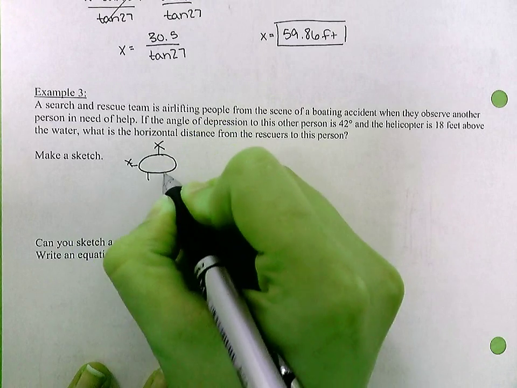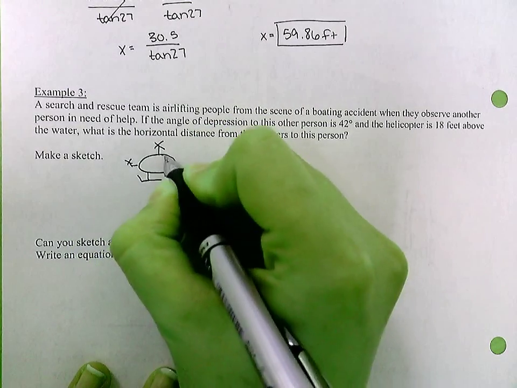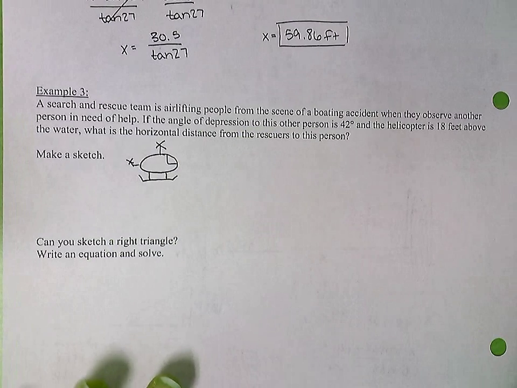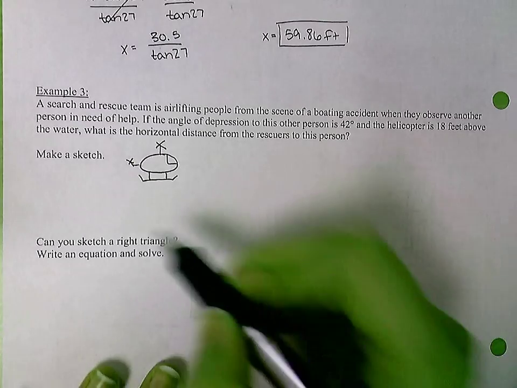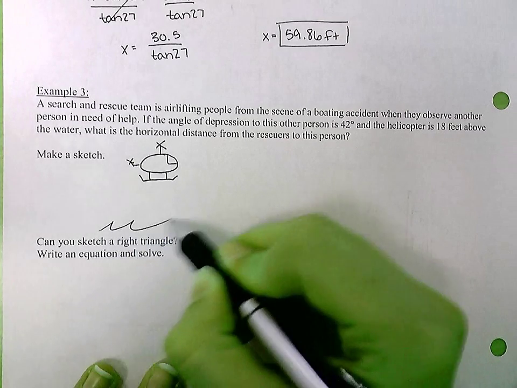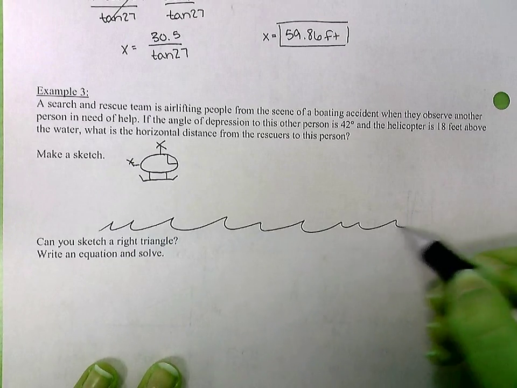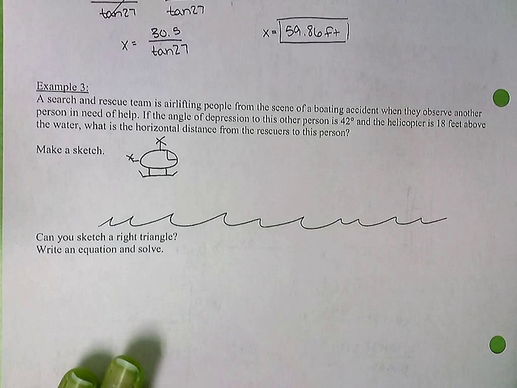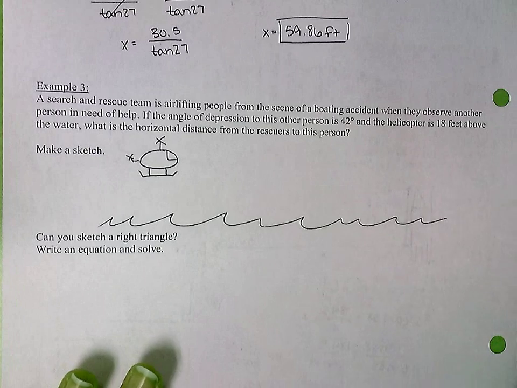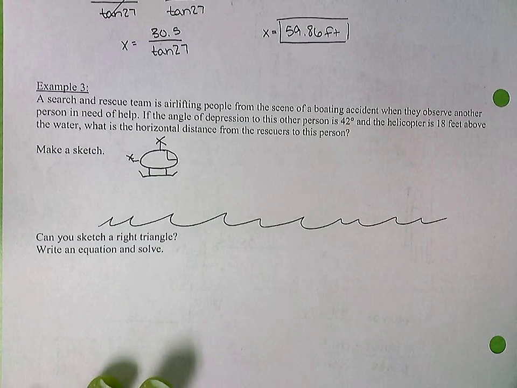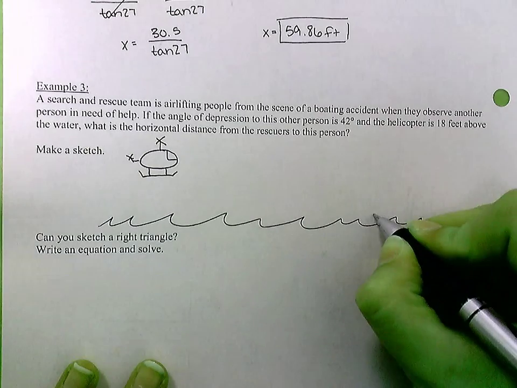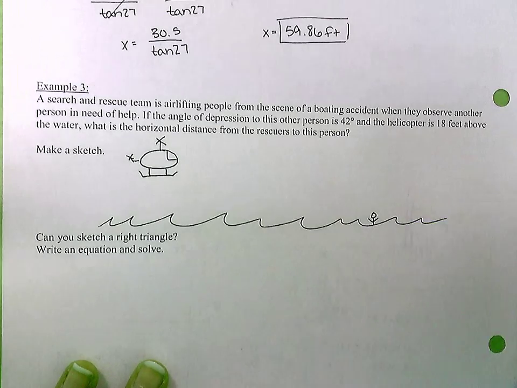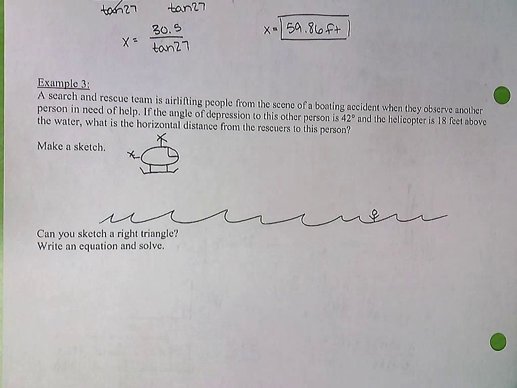This is my helicopter. We know they're getting people from a boating accident, so I'm going to draw water below that helicopter. And I know there's a person still in the water. So here's my person in the water.